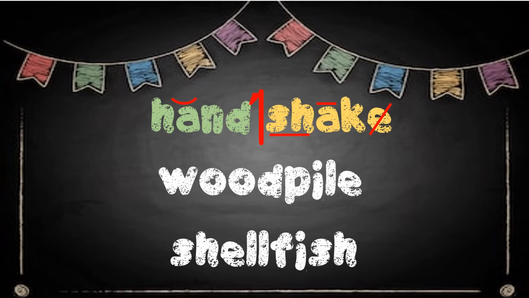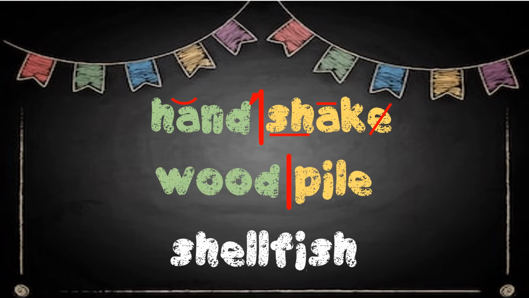Now let's look at our next word. Look for the two words. We have wood pile. We're going to divide this word between the D and the P, and we're going to put an accent mark after the first word. Now let's code our first word.